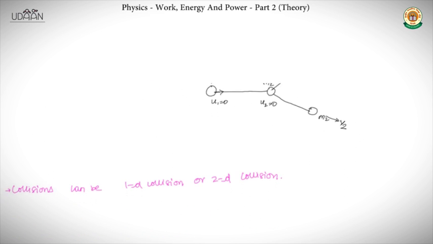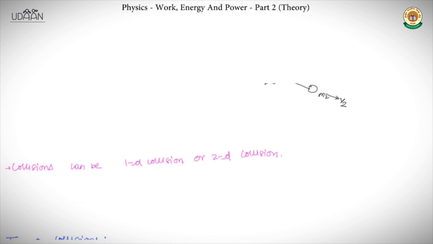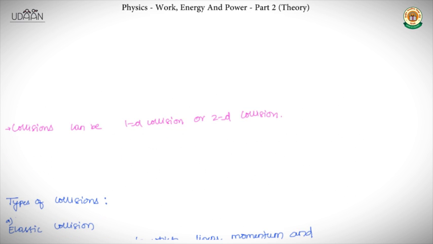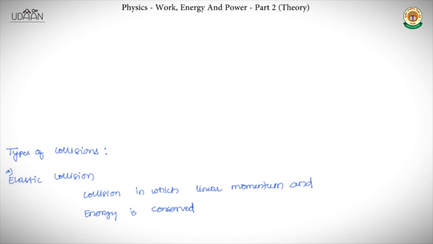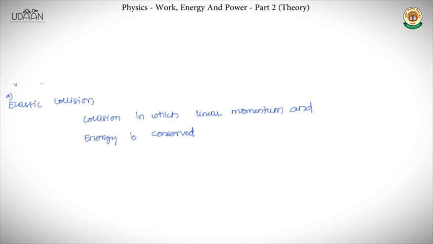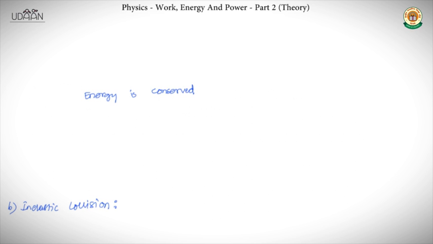Collisions are of many types. They can be one-dimensional or two-dimensional collisions. Based on conservation of energy and momentum, we define collisions into two categories: elastic collision and inelastic collision.